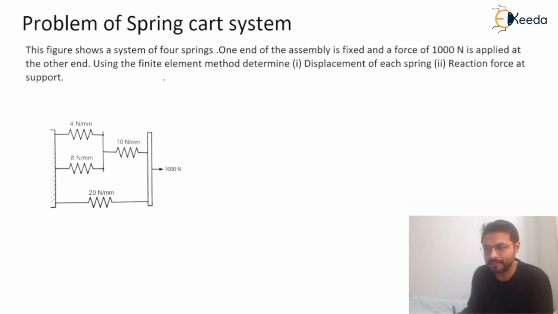So what is the given data? First, we have a total of 4 springs. The first spring stiffness K1 is 4 Newton per mm. K2, the second, is 8 Newton per mm.